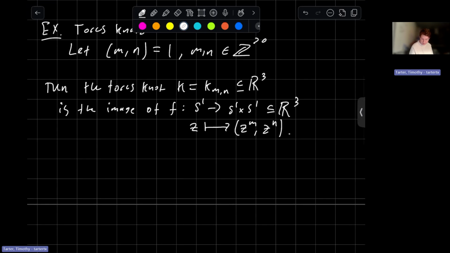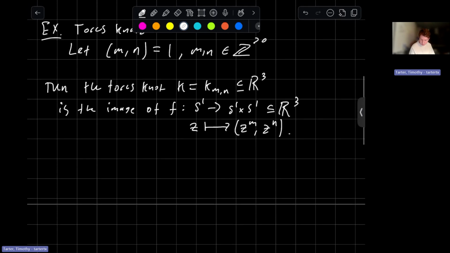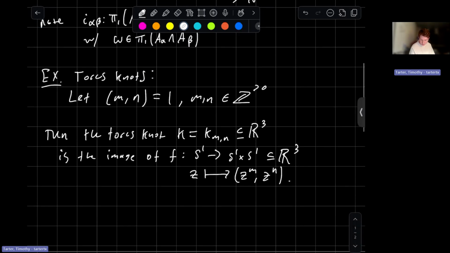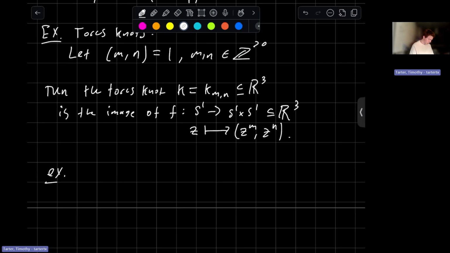So the knot K winds around the torus a total of m times in the longitudinal direction and n times in the meridional direction, as shown in the figure that I'm about to draw for cases (2,3) and (3,4).